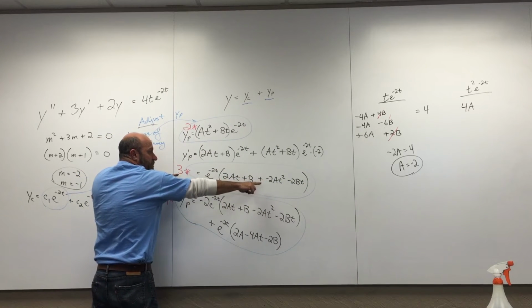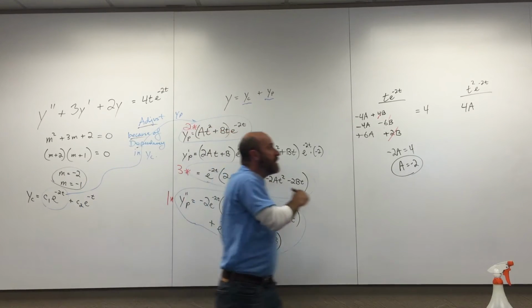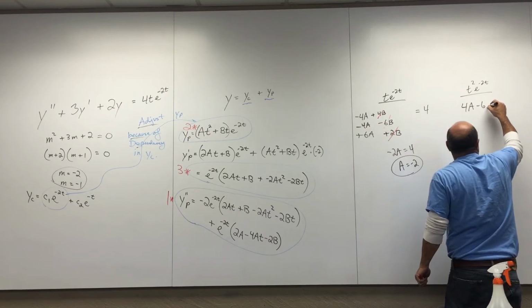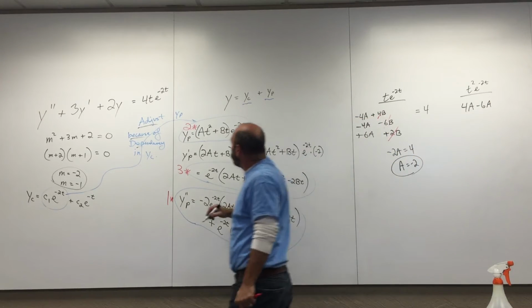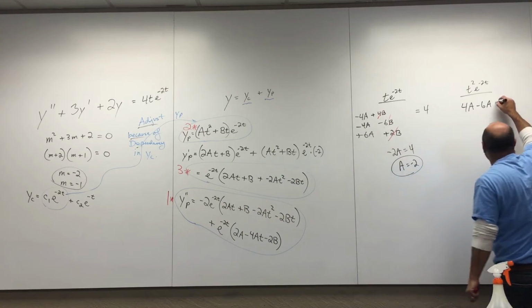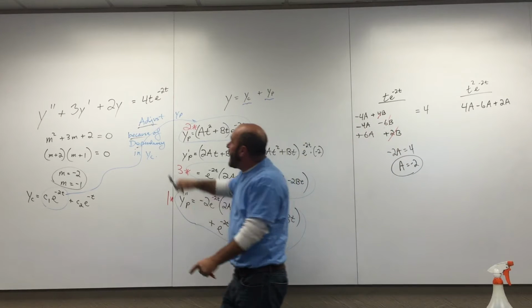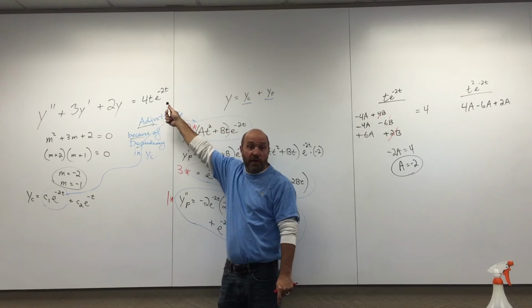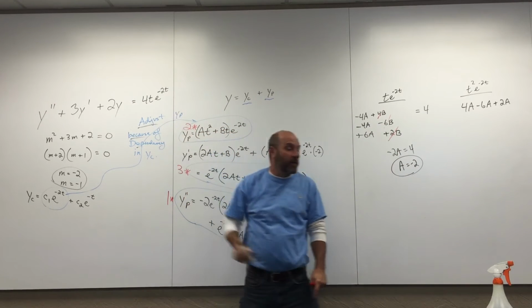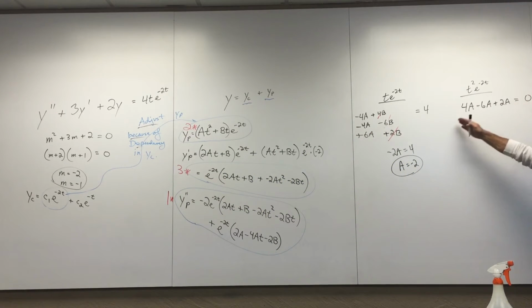You guys agree with that? There's only one of those to keep track of. And then up top, a positive 2a of those. Now, check this out. Don't even look up here a second. How many of those do we have over here on the right-hand side? 0. So that's a 0 from the right-hand side, and those are the coefficients from the left-hand side. Now, it turns out this ain't going to help me worth a lick.